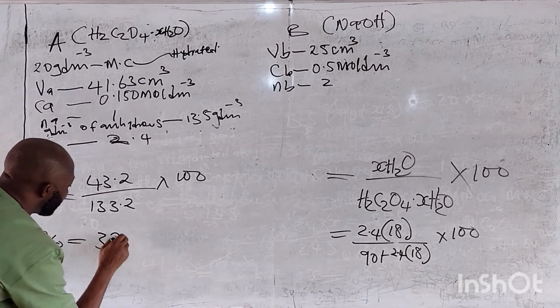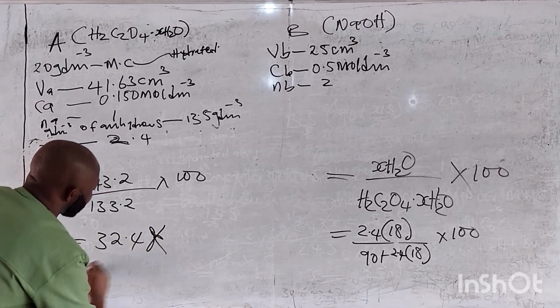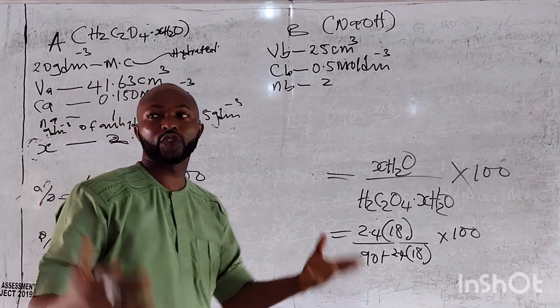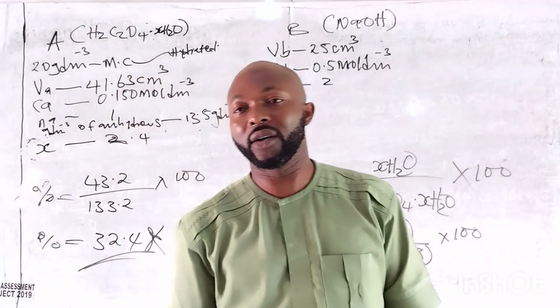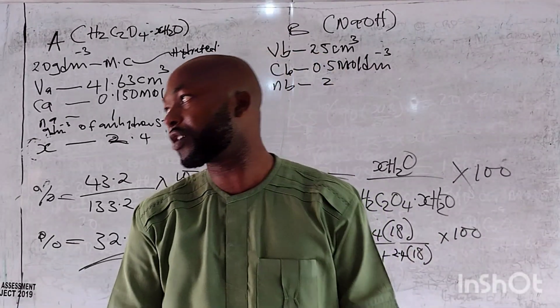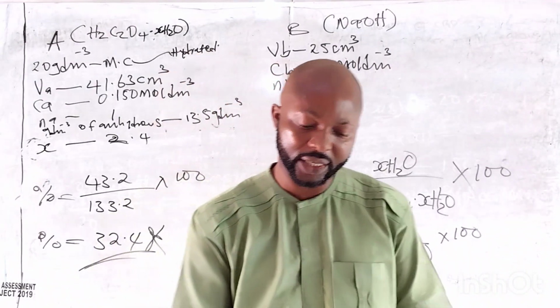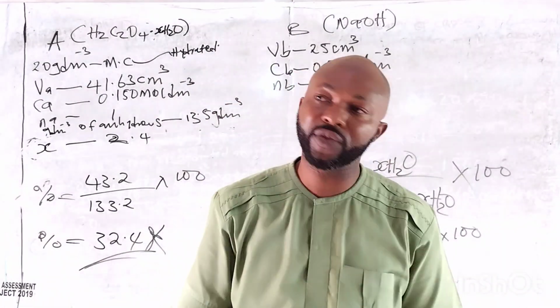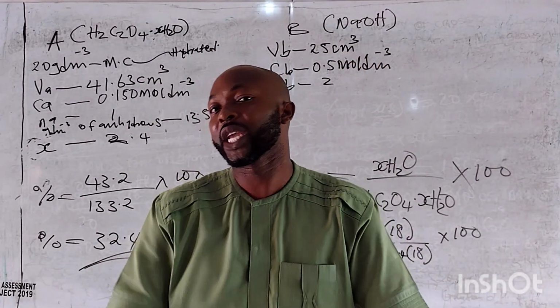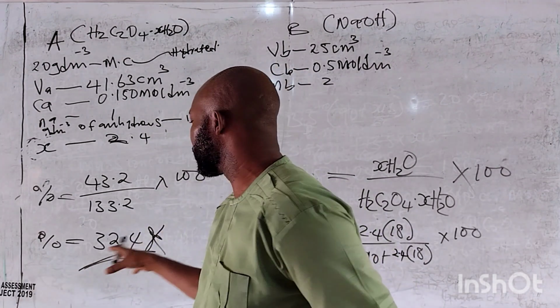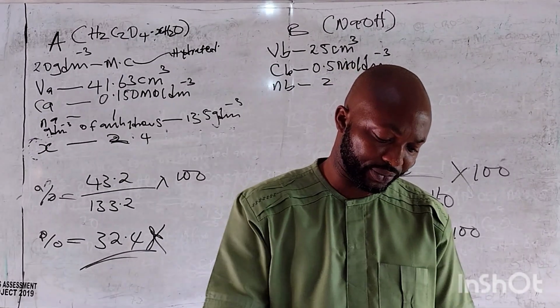This is 32.4%. So we've been able to get the percentage of water that was contained in the ethanedioic acid crystals before titration. After titration, that's what we run, and we get the actual percentage. So the number of moles of water of crystallization was 2.4, and the percentage of water present in the acid was 32.4. So we'll take our next question.